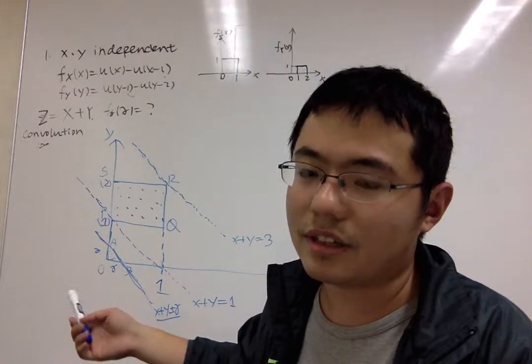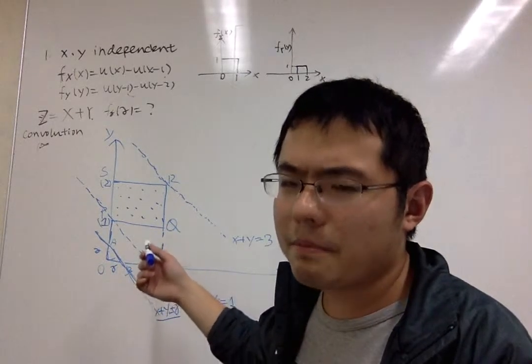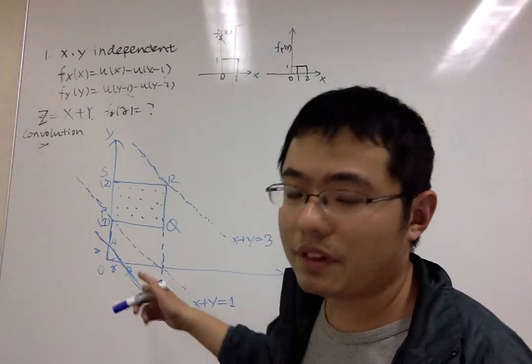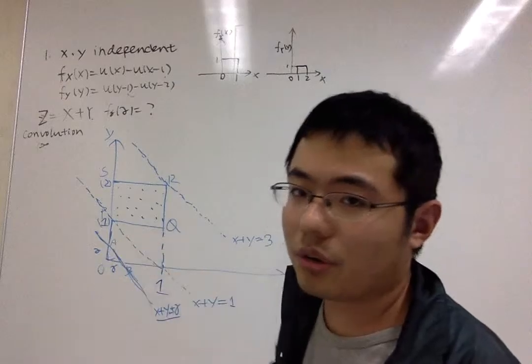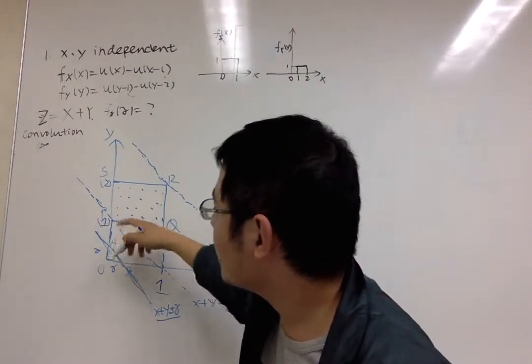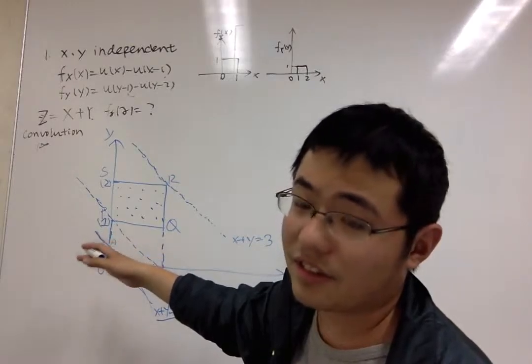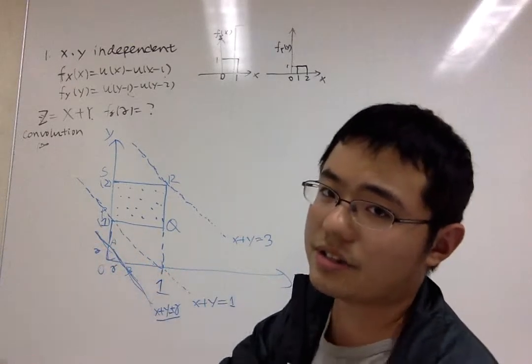We have already learned it in high school, and we could get the minimum of x plus y. It's 1. Given the certain range of x and y like this, we could just draw this, and we're going to consider the edging situations.